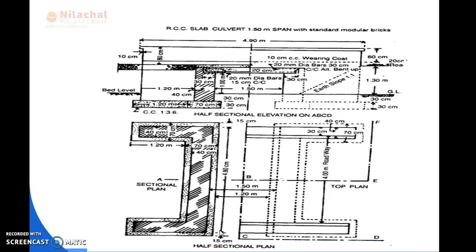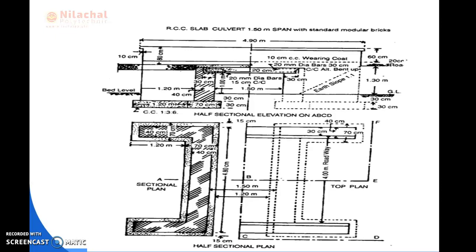Then the height and breadth of the brickwork. Here the breadth of brickwork is provided. How much? 40 centimeter. It means the breadth of brickwork is 40 centimeter. Then how do we define the height of the abutment?